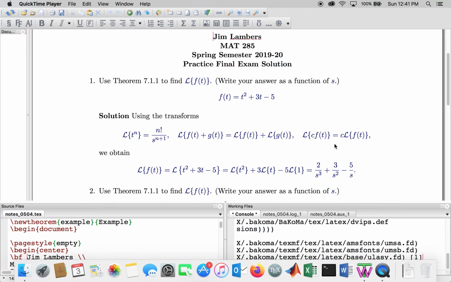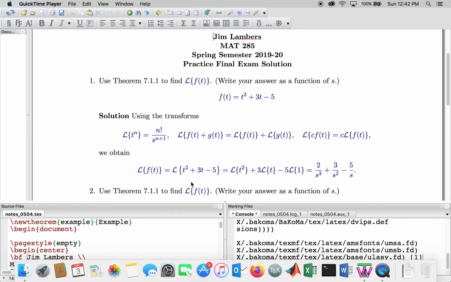Okay, so the first few problems are just about taking a Laplace transform of a given function. Here's a function, in this case, t squared plus 3t minus 5. Anytime you have a function that is several terms added or subtracted, you can transform each term individually and then add or subtract the results.